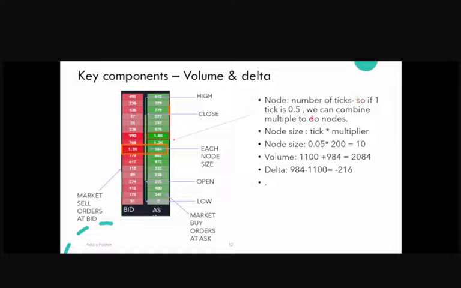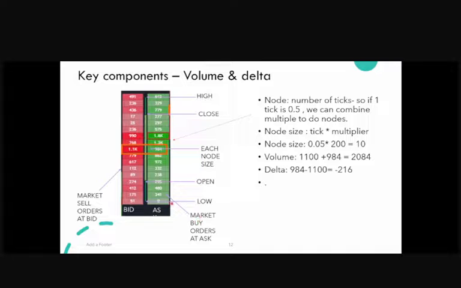Here, I've combined 200 ticks into one node, one block. So I've done 0.05 into 200, which means a 10 point range is one block in, for example, Bank Nifty or anything. Now it is summing up all the buy and sell within the 10 point range in each block and showing you the data within that candle. So every 10 points is one block in this case.